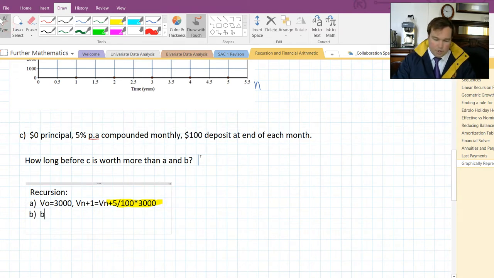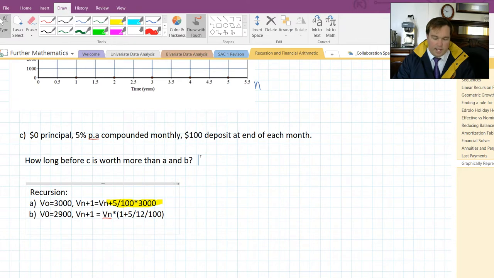The recursion relation for 2, well, V0 is equal to 2,900. Vn plus 1 is equal to Vn times 1 plus 5 on 12 on 100.